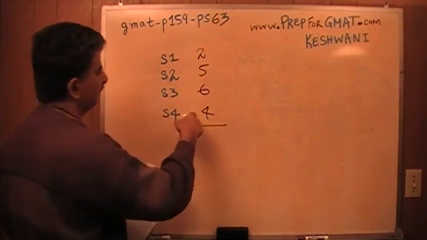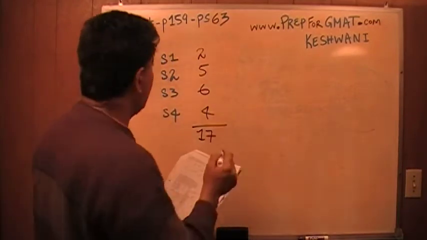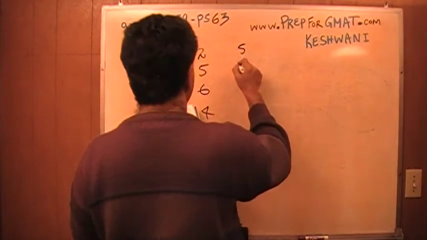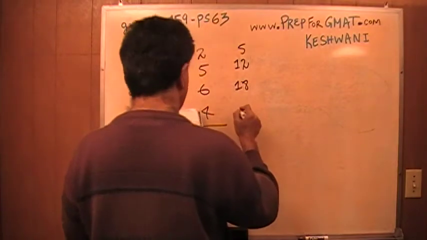So altogether I have 6 plus 4 is 10, 15, 17 defective chips out of 5,000, 12,000, 18,000 and 16,000.